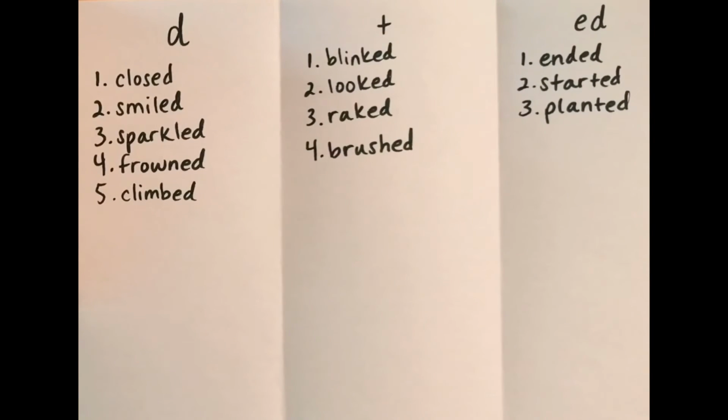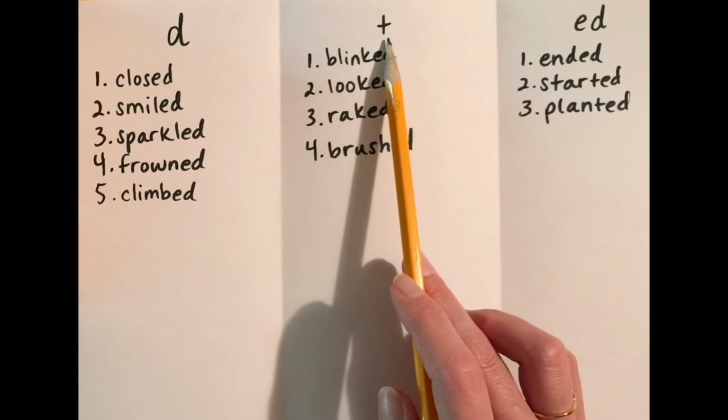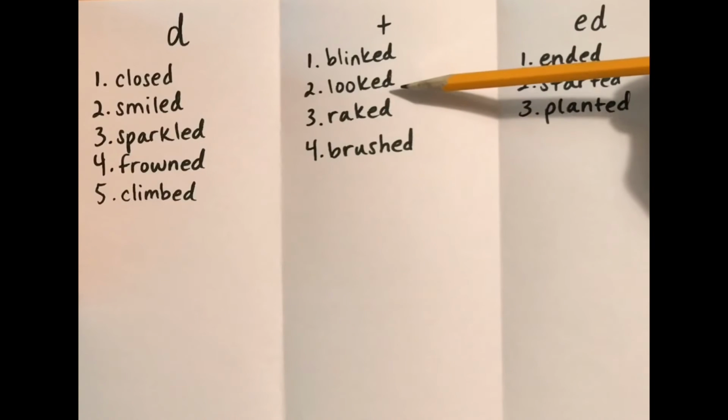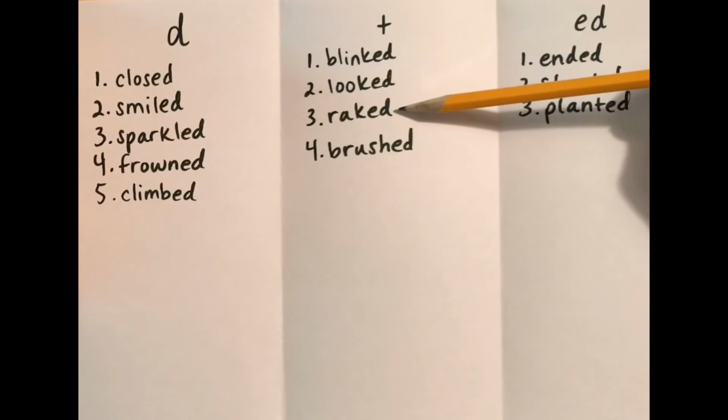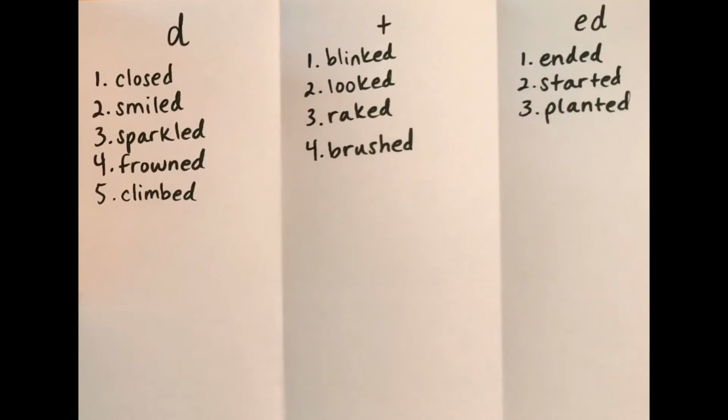Next, I'm going to read you the past tense verbs where the ed ending makes the sound of a T. The words are blinked, looked, raked, brushed. And last, I'm going to read you the past tense verbs where the ed ending makes the sound of a short E and a D. Those words are ended, started, planted.